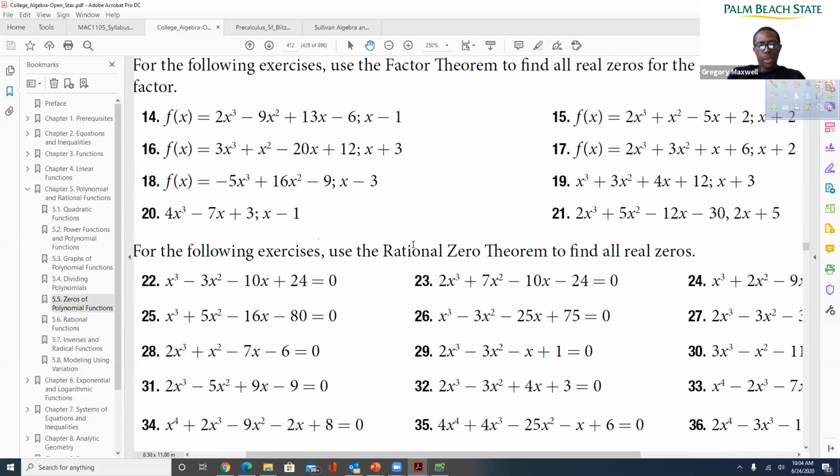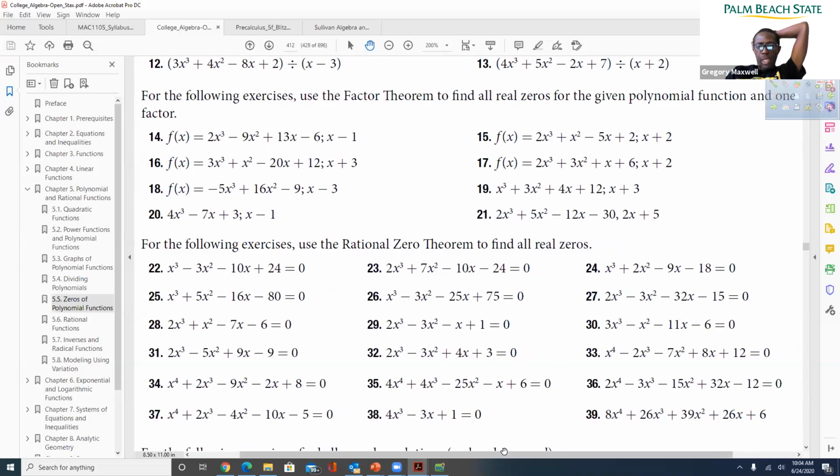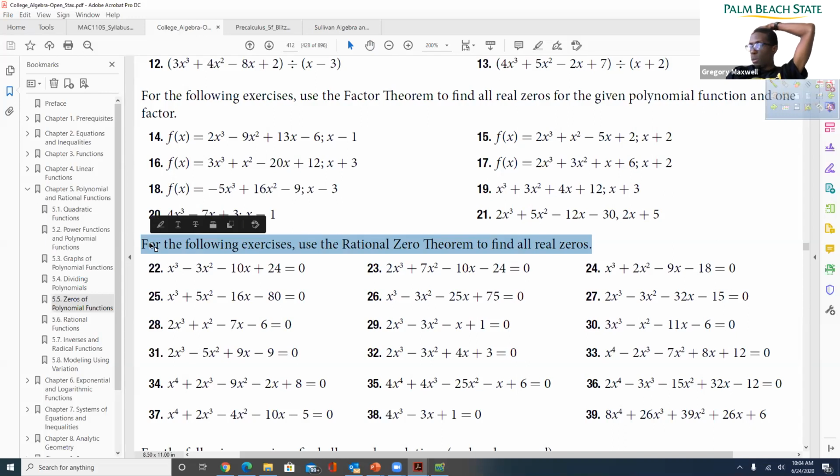All right, so the next question is, for the following expressions, use the rational zeros theorem to find all real number zeros. Choose one of these for us to do. Number 21 is a choice.